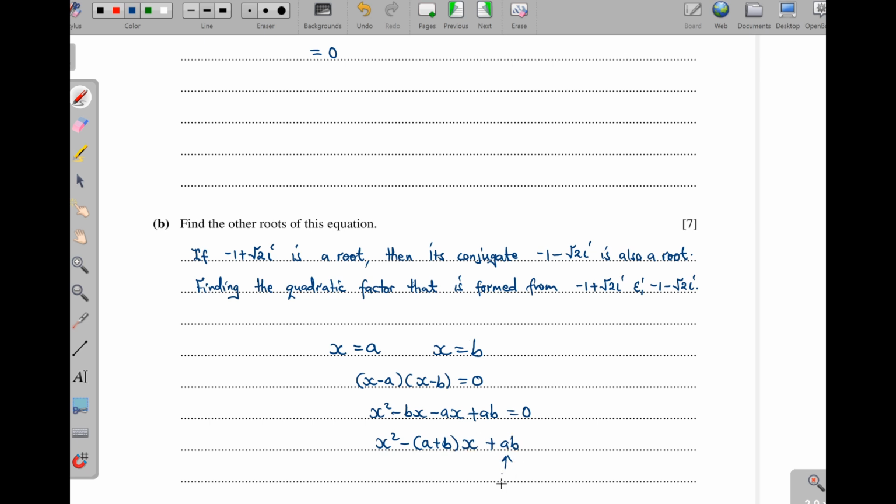Now, you can see here that this is a product of roots, these 2 roots that I'm having. And then this one is the sum of the 2 roots. So long as you have the sum of the 2 roots and the product of those 2 roots, then you can form a quadratic equation that can come from those 2. You see that?